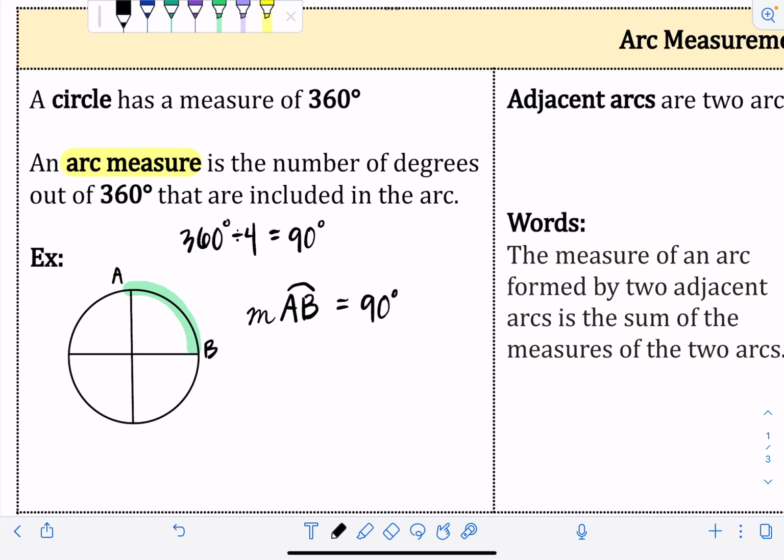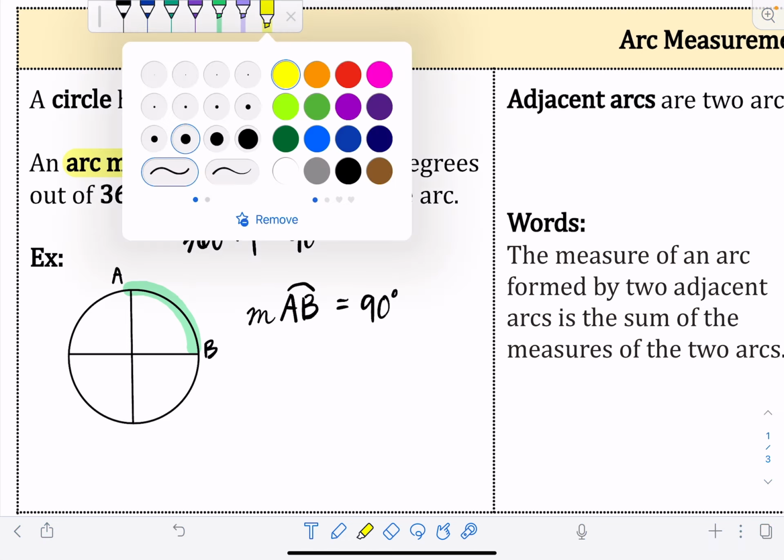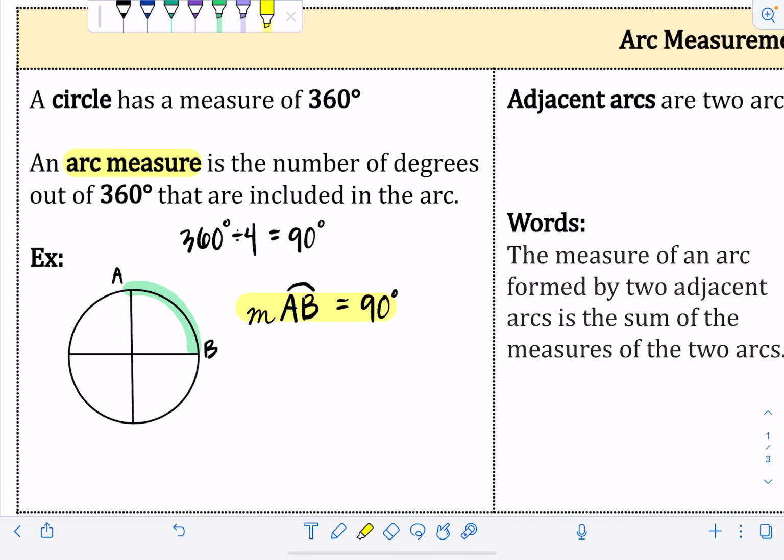Now that we have a picture that goes along with it, I want to read through the definition once more. An arc measure is the measure of degrees out of 360. So we took our entire pizza and our arc was just a portion of that. The portion out of 360 was 90 degrees. So the measure of arc AB is 90 degrees.